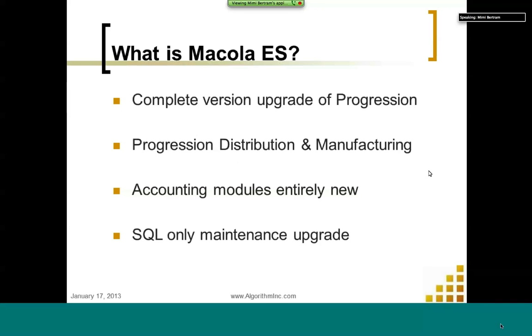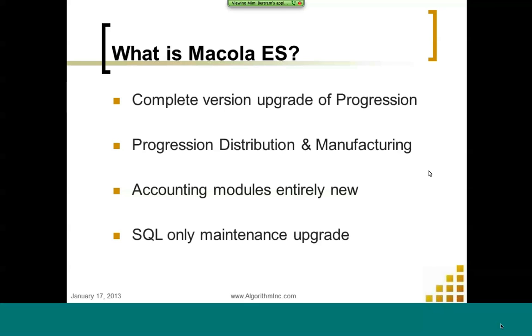So first off, what is Macola ES? Just a very brief history of how Macola ES came to be. About 10 years ago, maybe even longer, Macola Software Company in Marion, Ohio, was purchased by Exact Software out of the Netherlands.